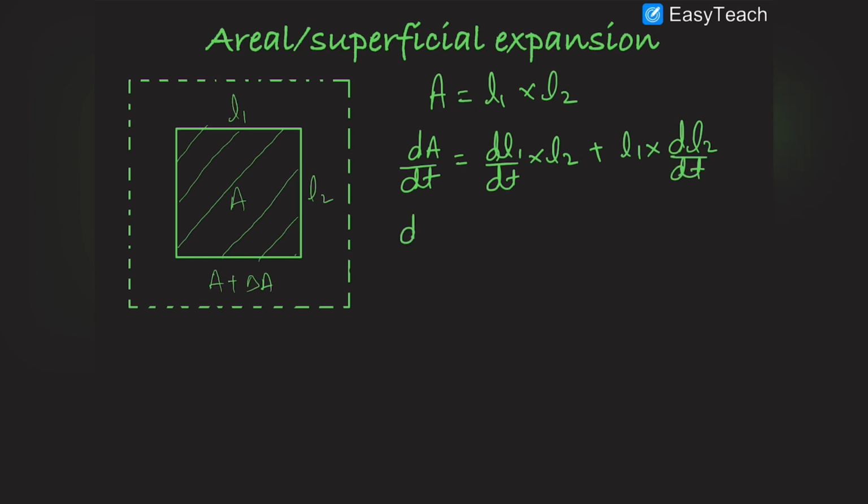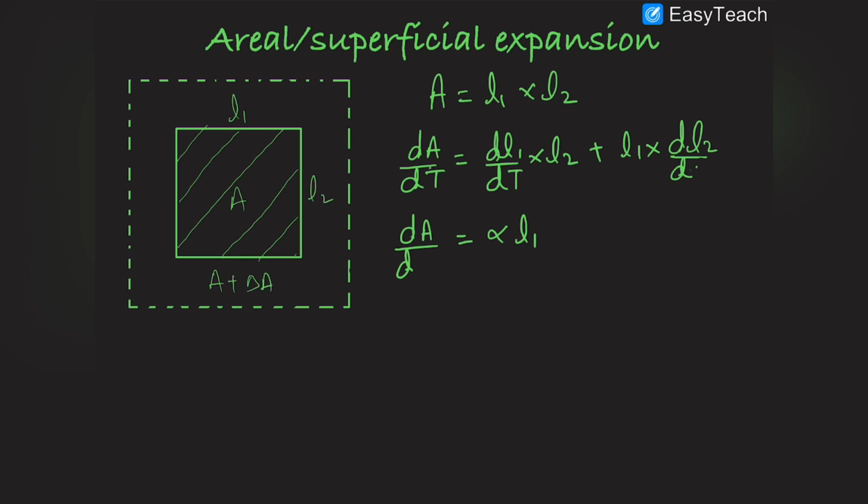Now this is dA by dT, and this dL1 by dT is alpha L1. Let me write it as capital T, because it would create confusion with time. It is not time, in fact it is temperature.